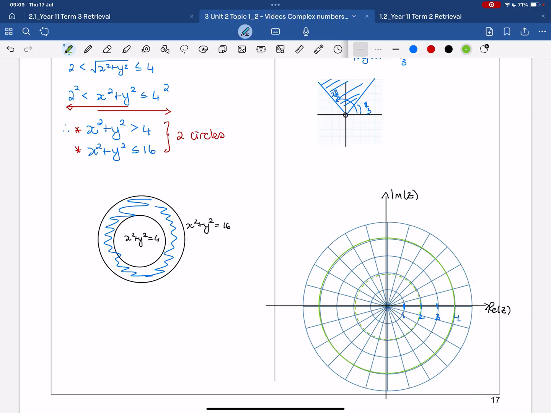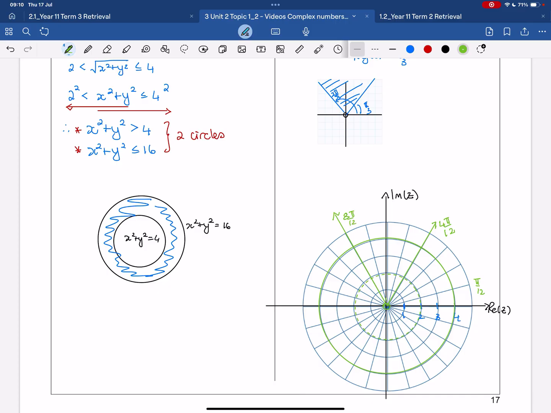So I know all of these divisions are pi on 12s, so that my pi on 3 is going to be here at 4 pi on 12, and not included. So there's my ray. And then I've got a 2 pi on 3, which is going to be at 8 pi on 12. So 4, 5, 6, 7, 8. That's over there at 8 pi on 12.